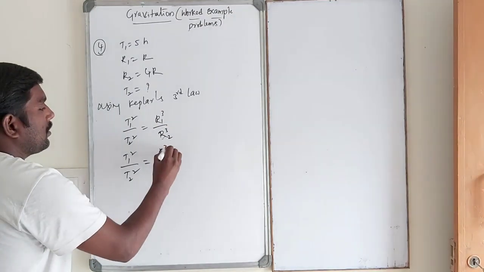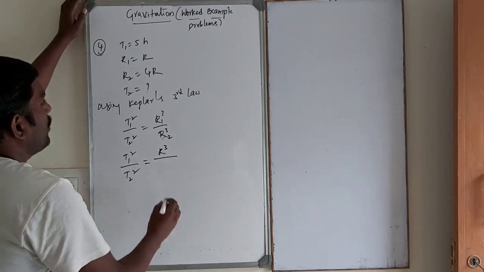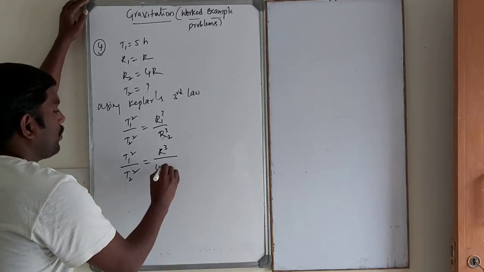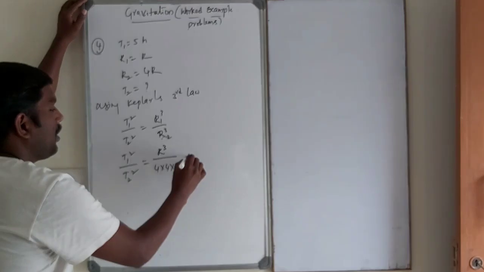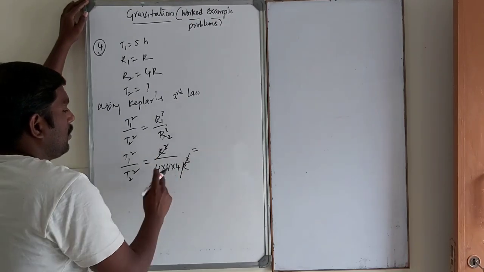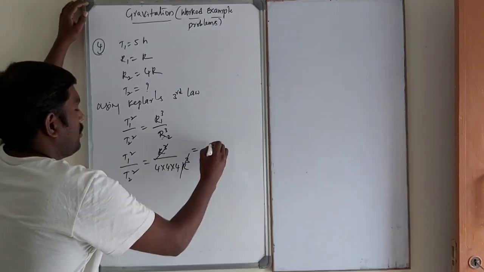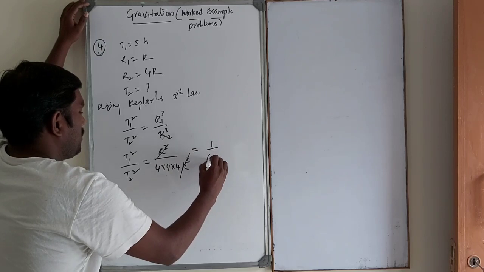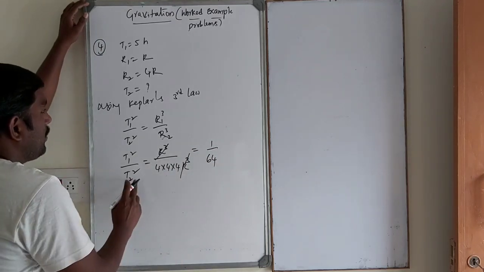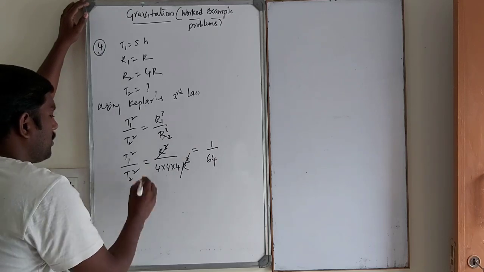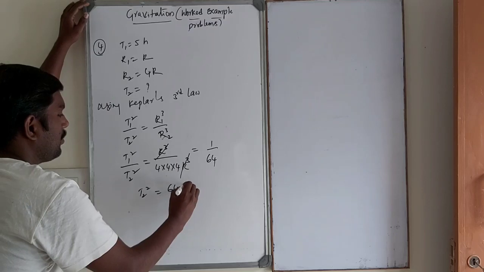R. What is the value of R2? 4R. 4R cube, that is 4 into 4 into 4 into R cube. R cube cancels. 4 into 4, 16, 16 into 4, 64. So that is 1 by 64. So on cross multiplication, T2 square is equal to 64 into T1 square.